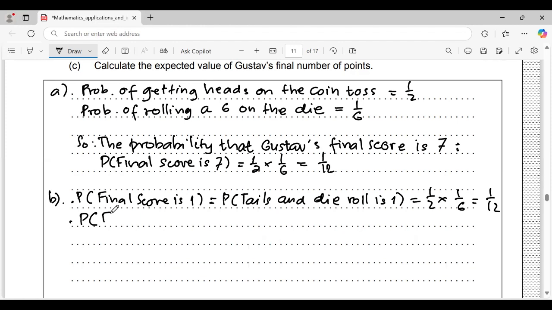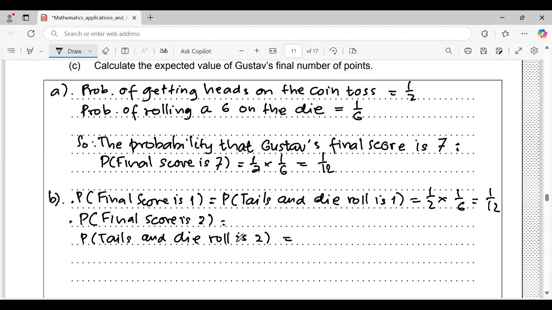And probability final score is 2. We need to find first the probability tails and die roll is 2.